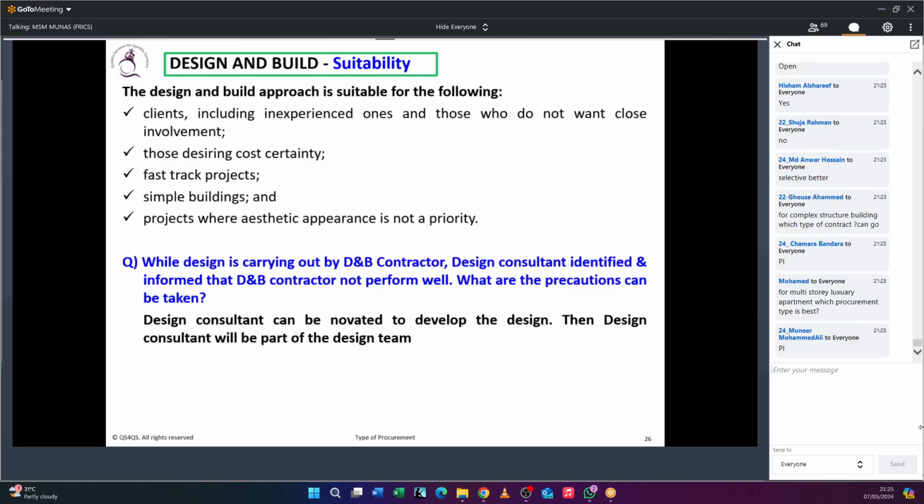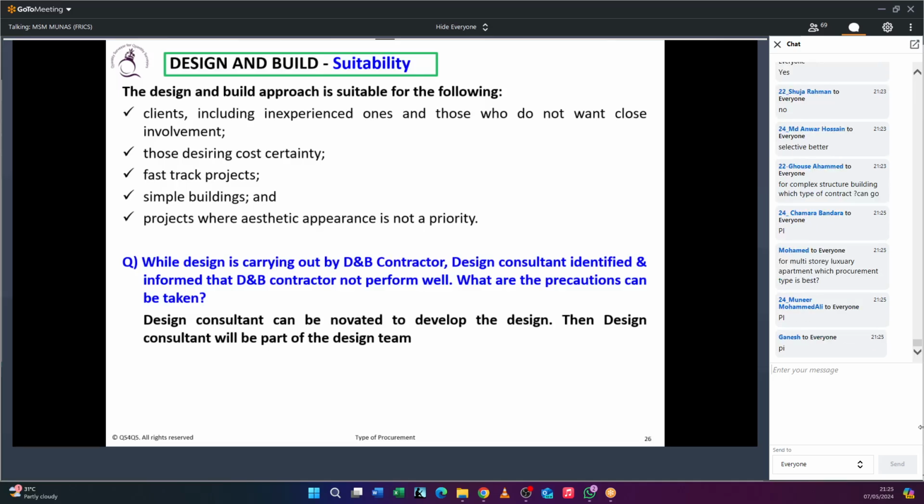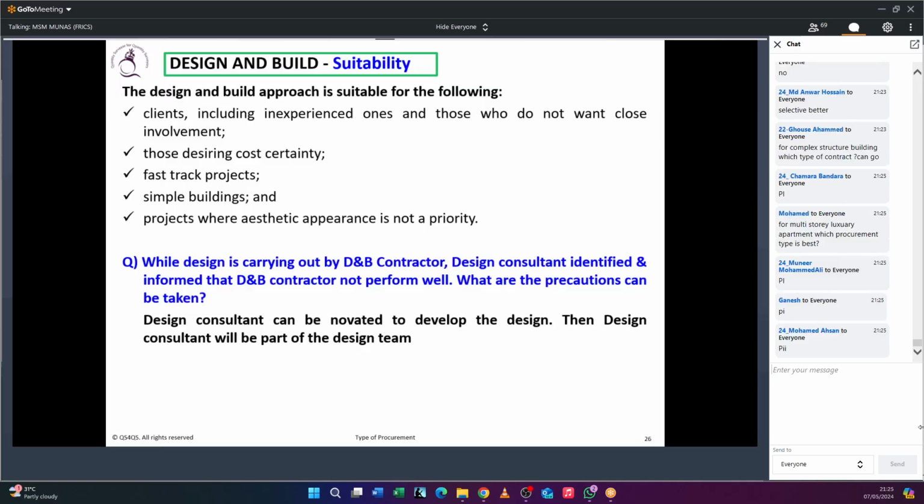PI insurance. Okay. So PI insurance cannot sometimes be obtained by the contractor. So what will happen? He will enter into an agreement with the designer, and the design consultant will bring the PI insurance. That insurance the contractor will submit to the employer. Okay, so this is how it goes. You understood?